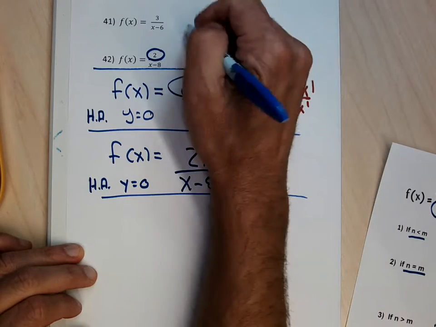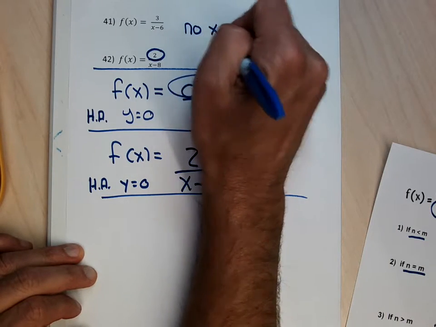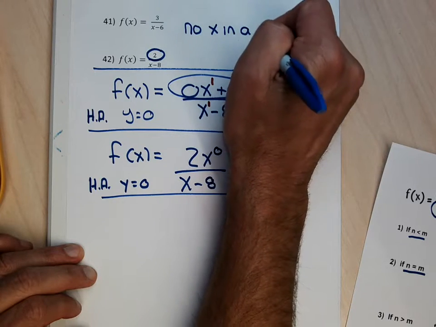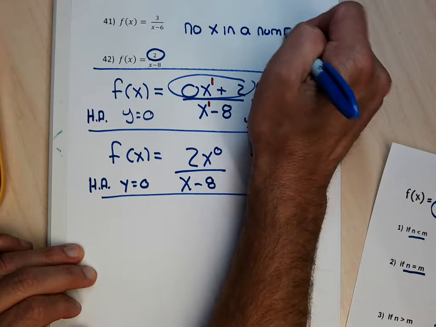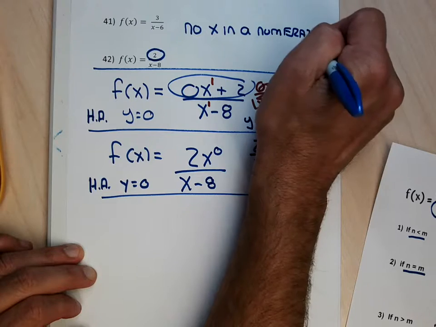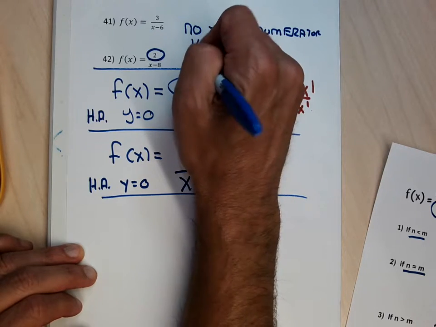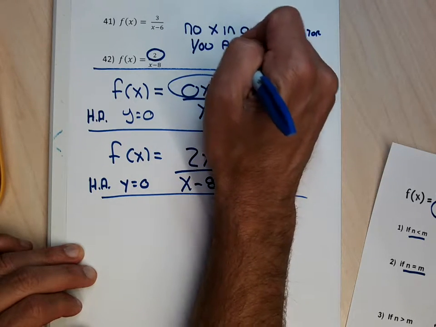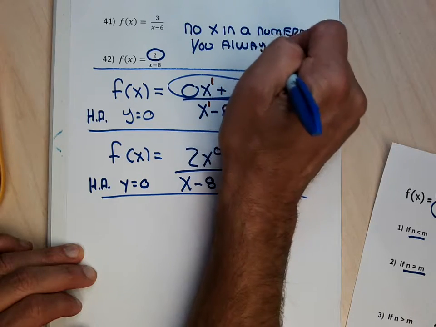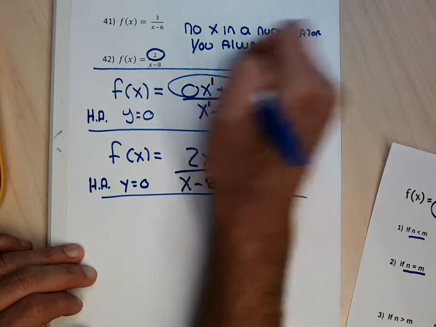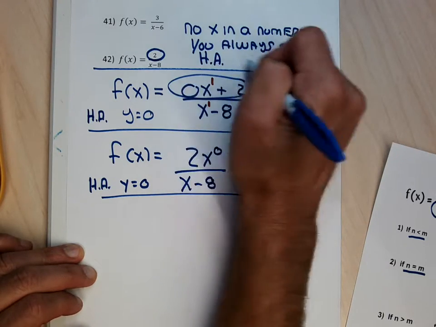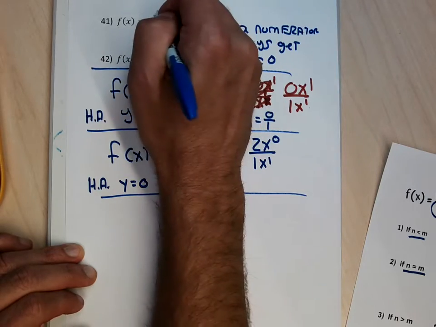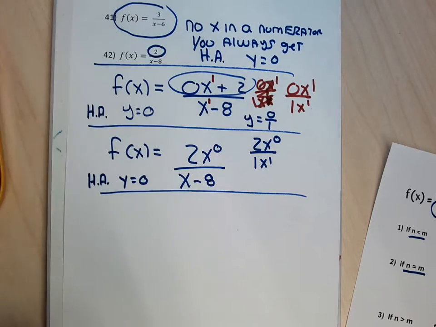So when there's no x in the numerator of a fraction, you don't technically have to do any algebra. You will always get a horizontal asymptote of y equal to 0. So immediately, if I was doing 41, I just glance at that.